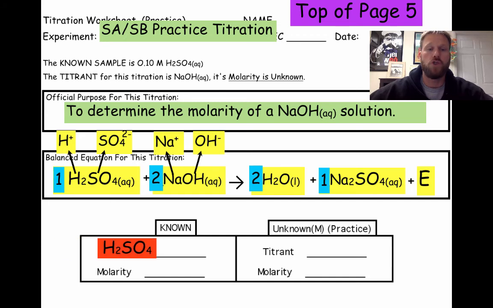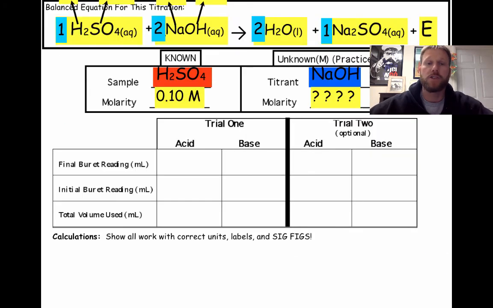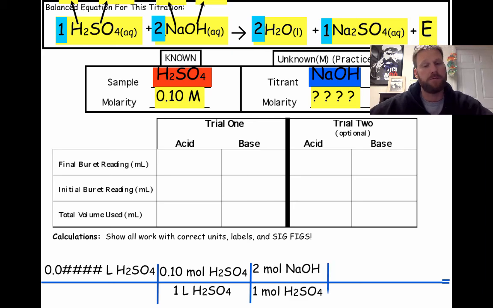Now you are going to know the H2SO4 concentration initially is 0.10 molar. You are going to figure out the concentration of the NaOH. We don't know that. The calculation will set up just like before. You're going to want to start with the volume of acid, and then you're going to use the molarity of that acid to convert to moles of acid. So I'm just using hashtags where you're going to put your volume readings, because your volumes can have 4 sig figs.